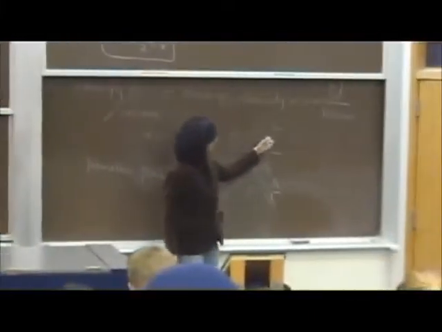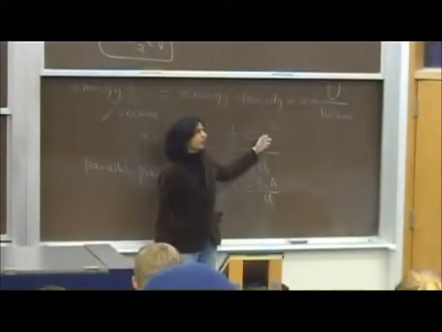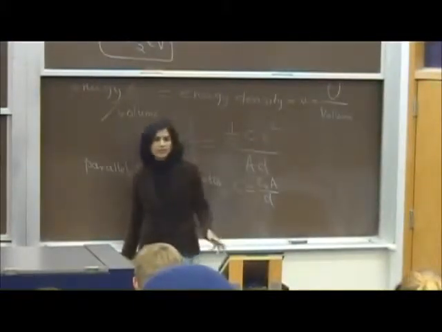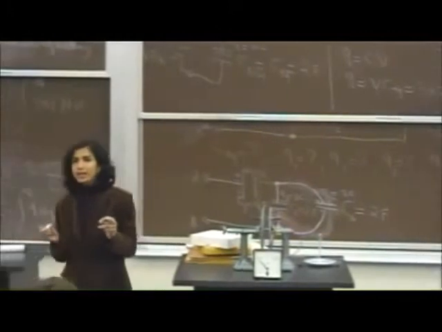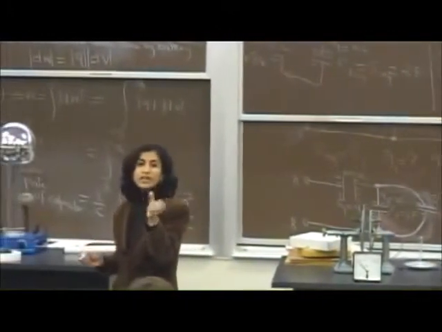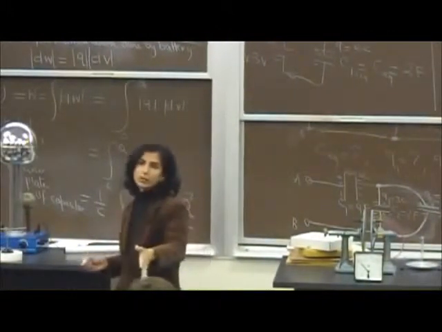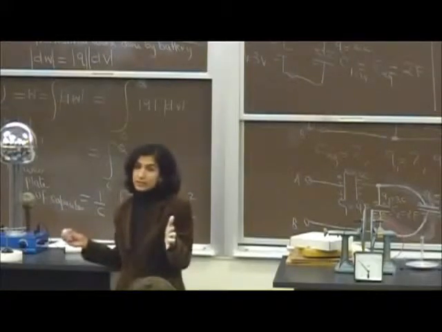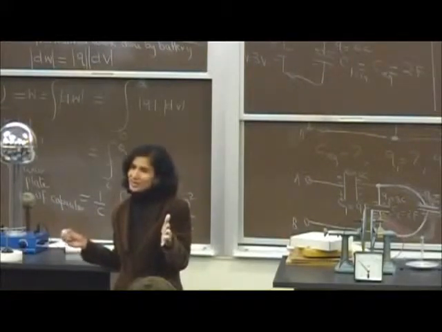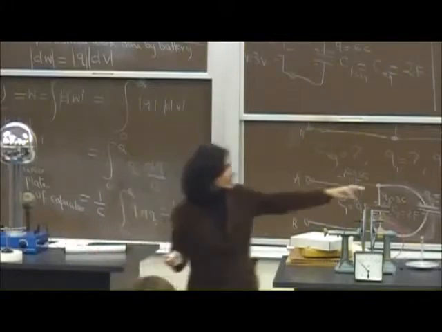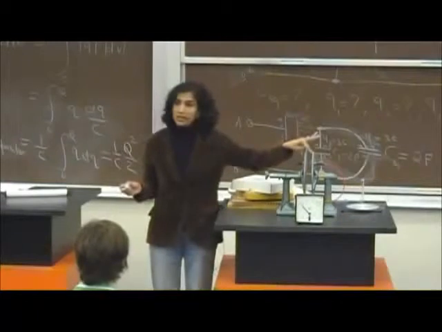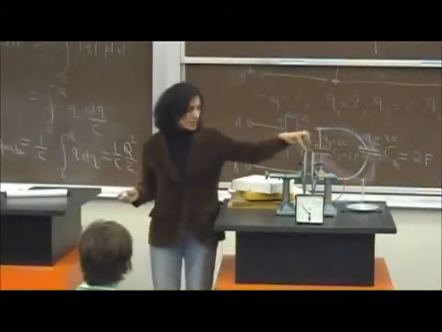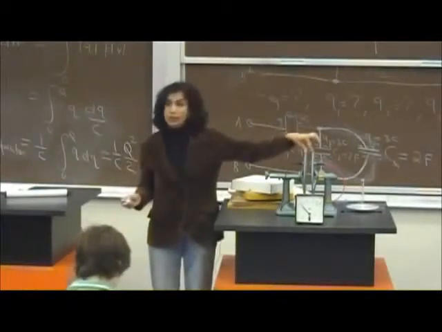Also, I want to warn you of one thing. I'm using this symbol V now, and this is the way that your book uses it also, but V is really already V_AB. We are not talking about potential at one point, we are talking about potential difference between the two plates of a capacitor. So if you call this 0 volt and this 30 volt, I'm talking about 30 volt minus 0 volt. Or if you decide to call this 20 and this 50, we are talking about 30 volts, the difference.